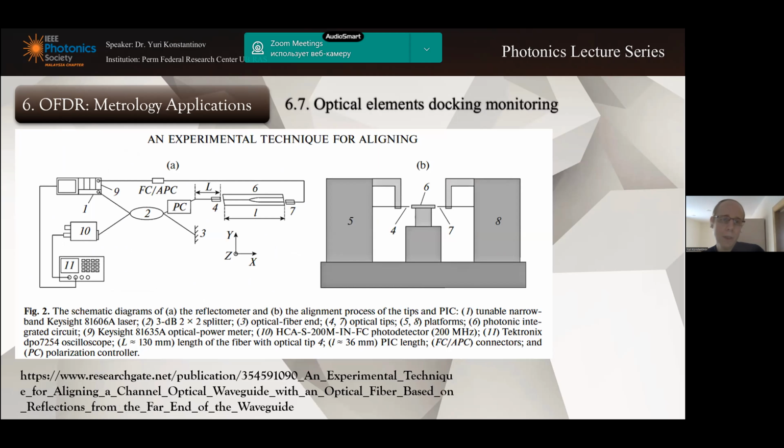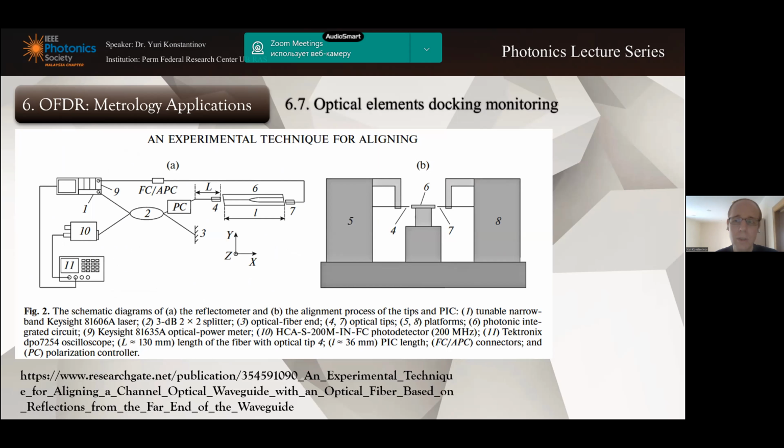Another direction is optical elements docking monitoring. You know that integrated optical elements like modulators need to be connected with fibers to let the signal in and to let the signal out. And how does it work?